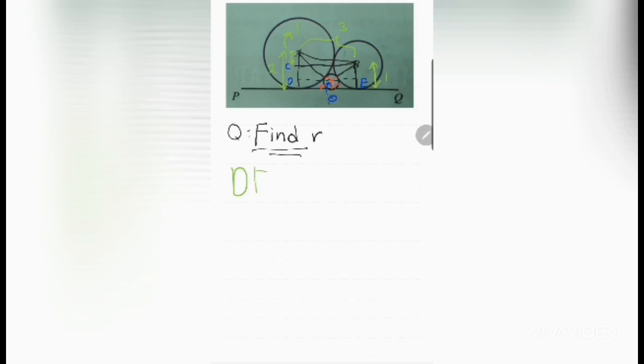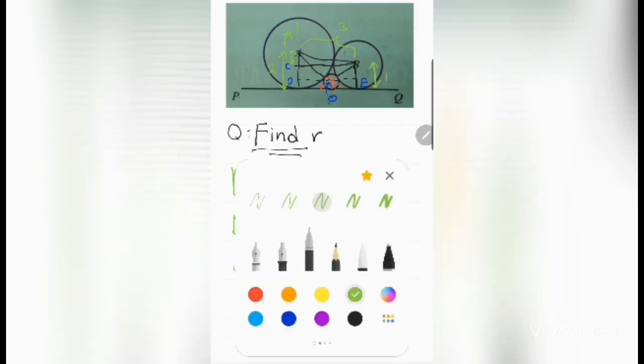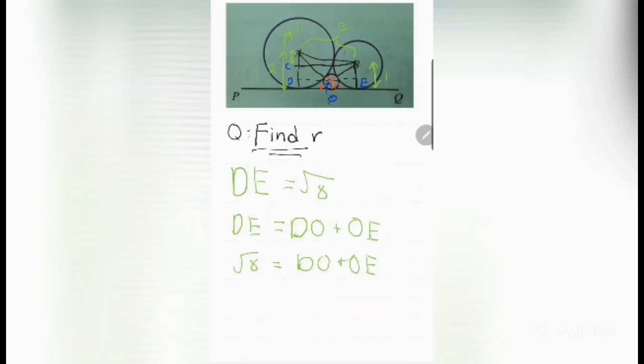So now we just need to find the equation. DE is equal to surd 8, and DE also equals DO plus OE. So we can write the equation, which is surd 8 equals DO plus OE. Now our job is to find the lengths of DO and OE.